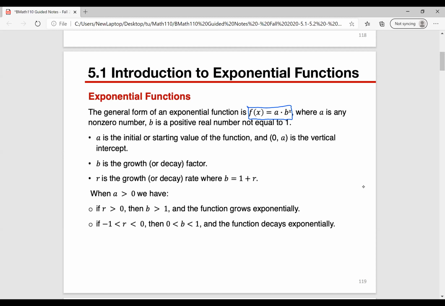In here, a is any non-zero number, and b is a positive real number. So I'm going to say a not equal to 0, and b is a positive real number, so greater than 0, and b cannot equal 1, so b not equal to 1. All right.